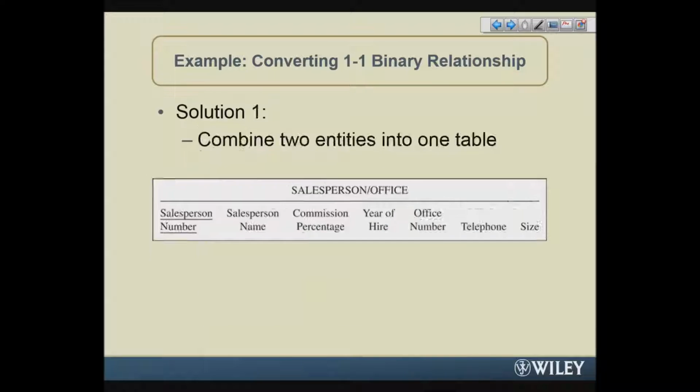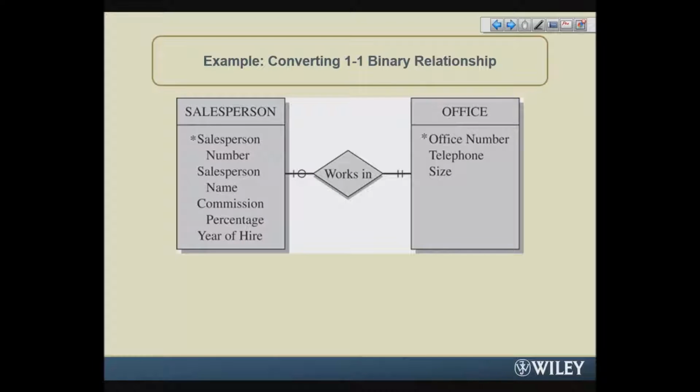I'll give you a simple way to recognize where to put the foreign key. Just a rule of thumb. If we have a binary relationship, that means a one-to-one relationship, you want to put the foreign key in the zero side table.